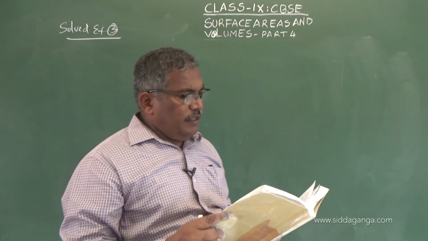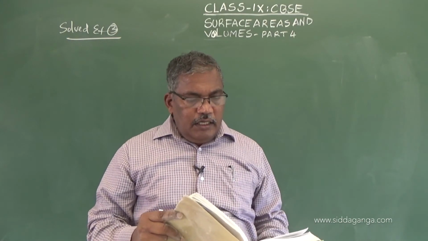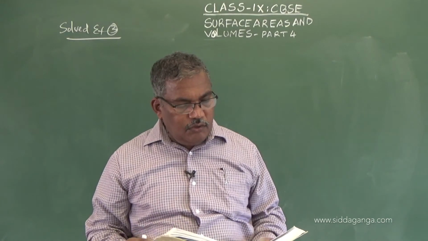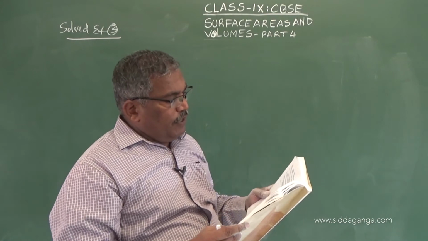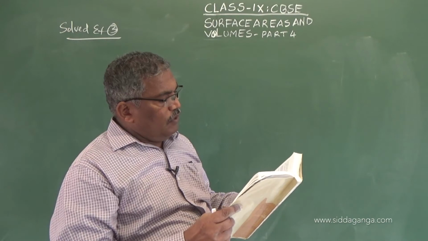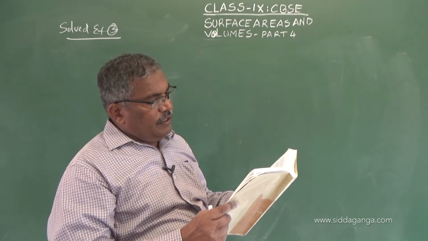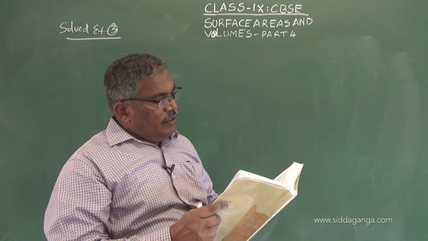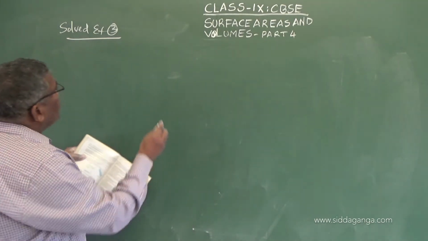Savitri had to make a model of a cylindrical kaleidoscope for her science project. She wanted to use chart paper to make the curved surface of the kaleidoscope. What would be the area of chart paper required by her if she wanted to make a kaleidoscope of length 25 centimeter?